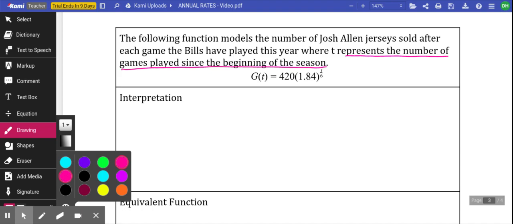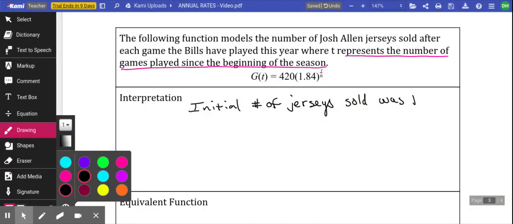All right. So what's our initial interpretation the way it's written? The initial number of jerseys sold was 420 and is increasing, or we could have said growing.